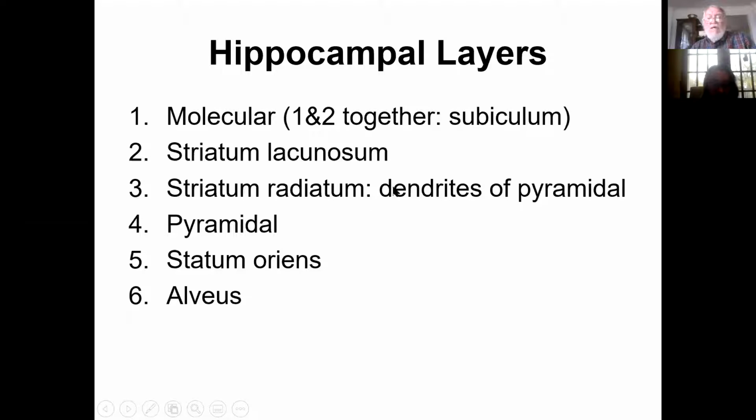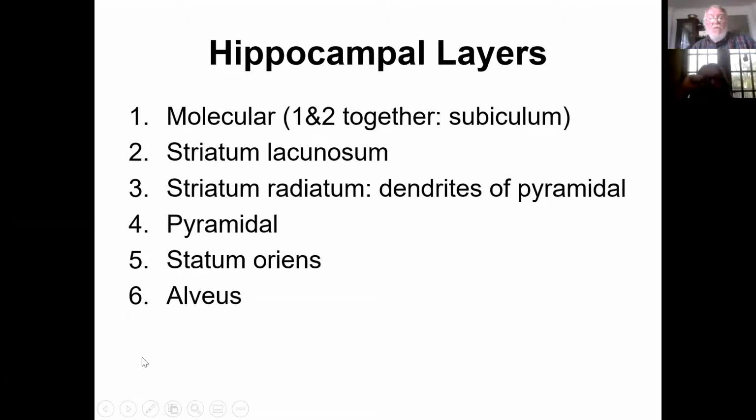And then through a spatial or temporal summation, the pyramidal cell is going to fire. Layer 5 is the stratum oriens, which are a group of molecular types of cells in layer 5.